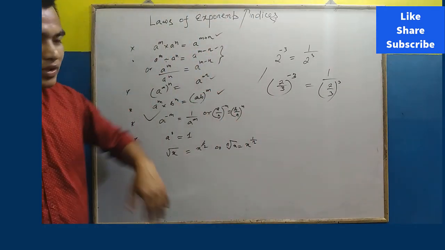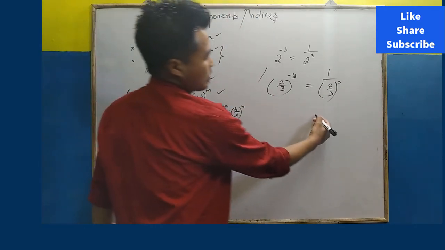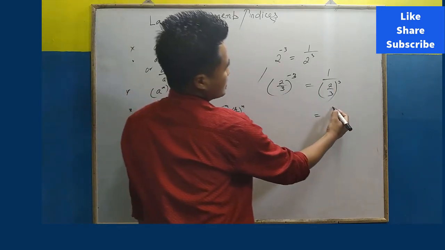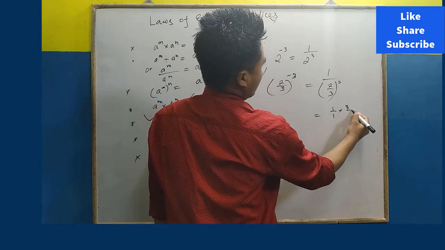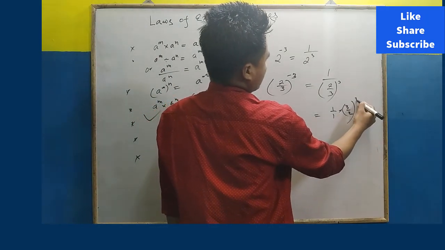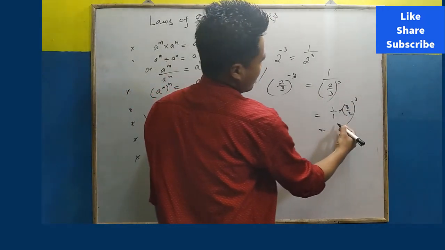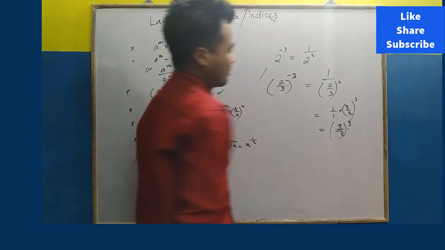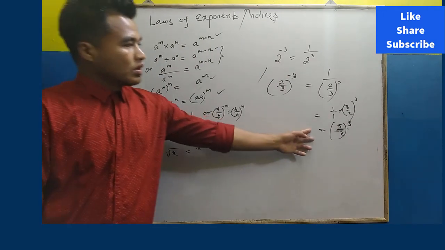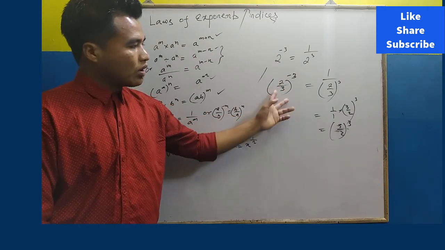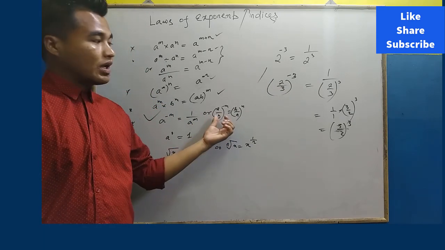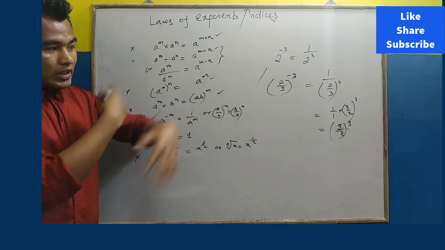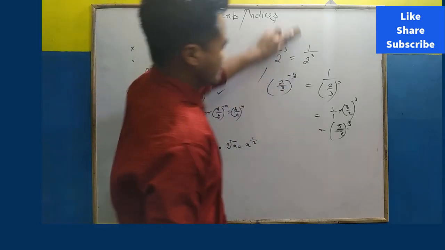If you write this in multiplication form, this will be 1 into 3 by 2 to the power 3. If we multiply, we get 3 by 2 to the power 3. Same thing, but this is a little bit longer compared to the other, so you can use the shorter way if you have a fraction. I hope you understand how to change into positive.